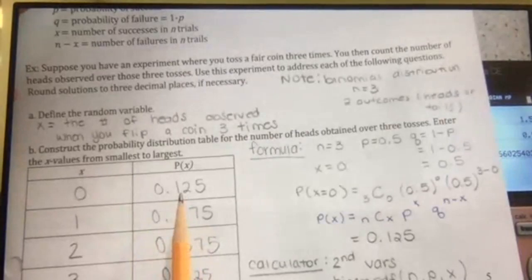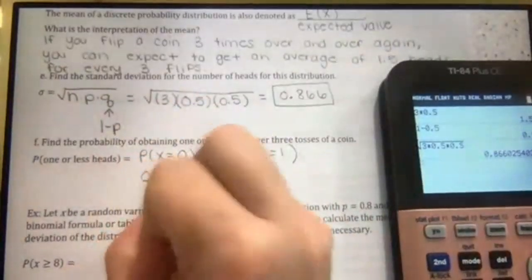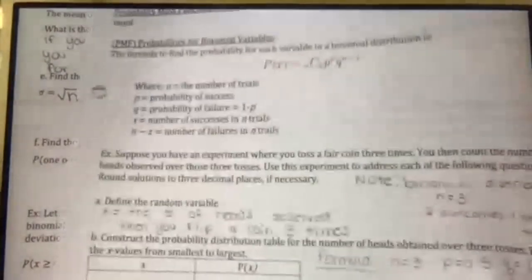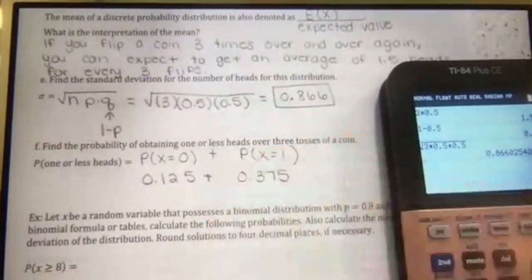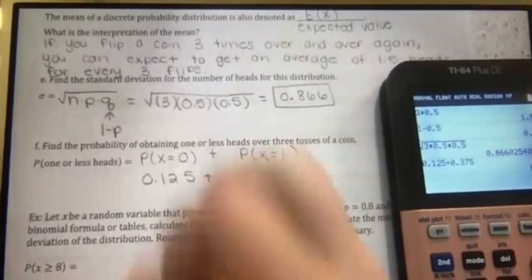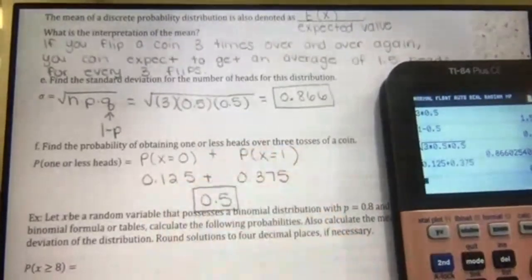Whenever x was 0, our probability is 0.125, plus our probability when x is 1 is 0.375. So adding those two together, we get 0.5. Done.